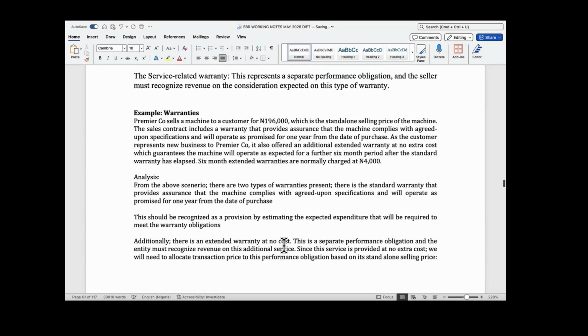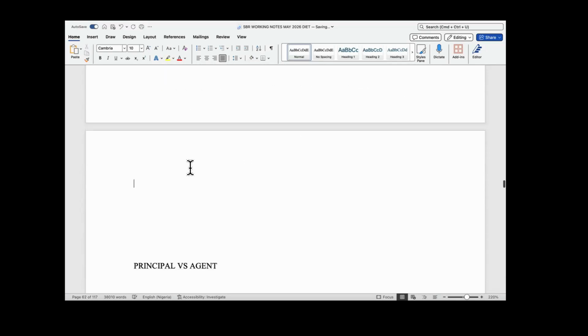We have two performance obligations here. There is the machine and there is the extended warranty. Those are the two performance obligations. So what's their standalone selling price?